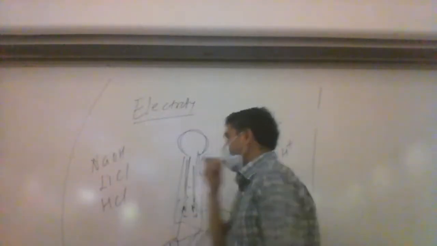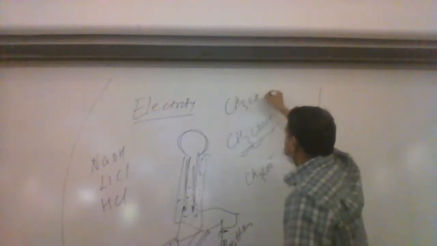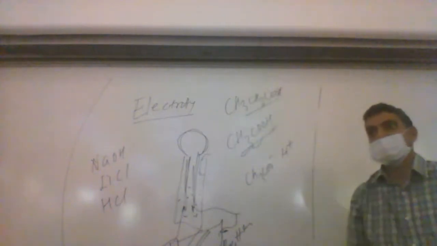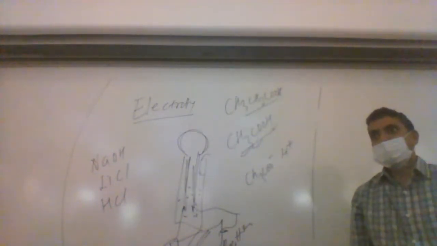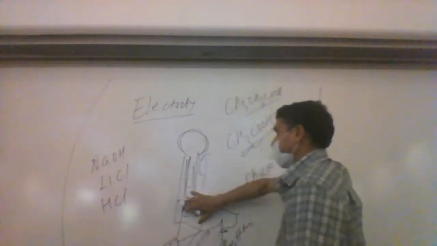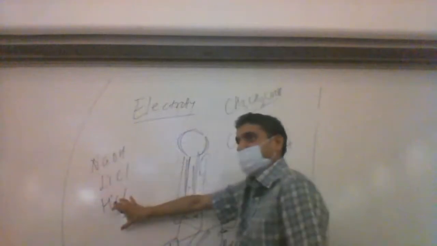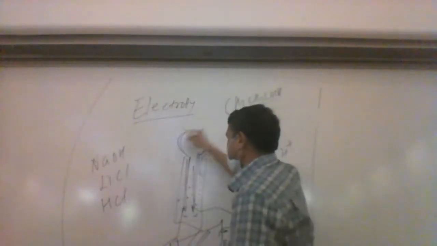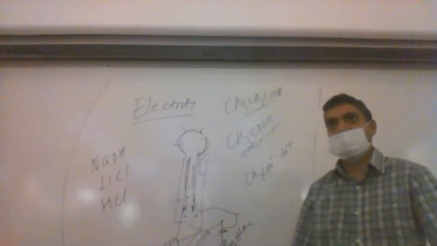But if you see something like CH3OH or CH3CH2COOH, they are weak electrolytes. Organic compounds are weak electrolytes. They don't conduct electricity that much, so this light is a dim light. But when you dissolve inorganic compounds, they conduct electricity really well, and this is a very bright light. Good conductor.